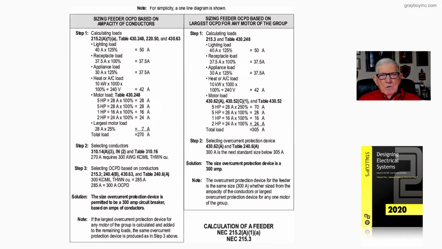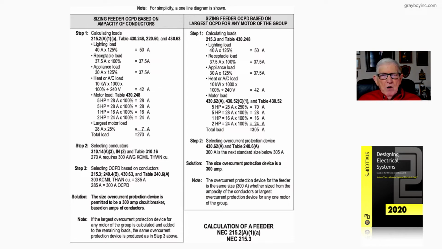The motor load now, from 430.248, we have a 5 horse, 28 amps at 100%, 28. The same 5 horse at 28 at 100%, 28. The single phase motor is 16 amps, I believe, at 120 volts times 100%, 16. The 2 horse at 240 volt is 24 amps times 100%.